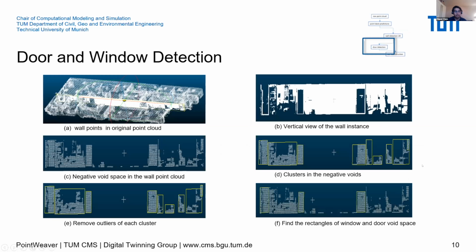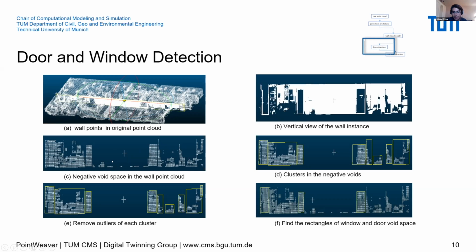Next, we detect doors and windows. In this step, we isolate one wall instance from the original point cloud. Here you can see the vertical view of the single wall instance. Then we get the negative void space of this wall point cloud, that is basically the holes in the point cloud.